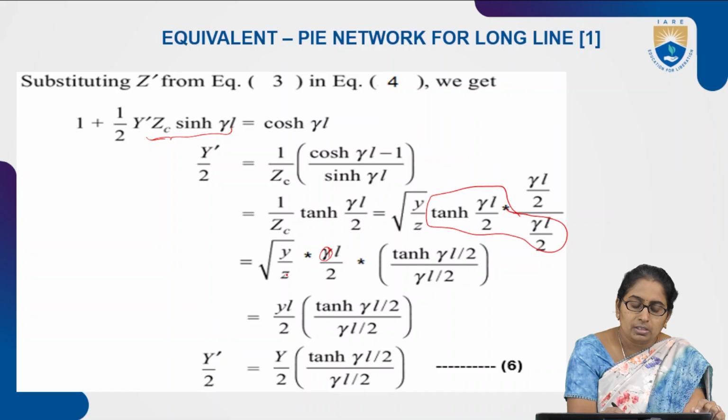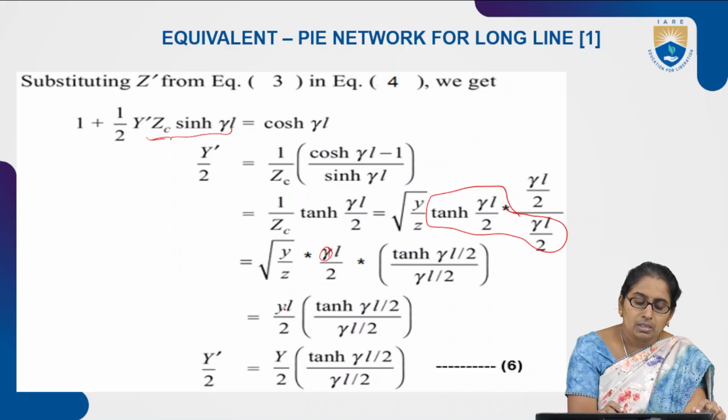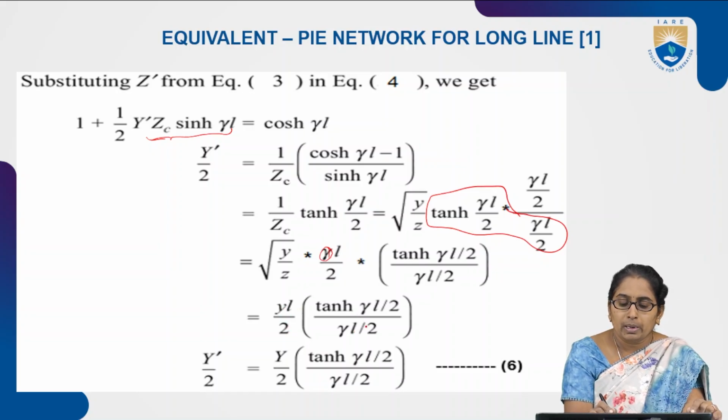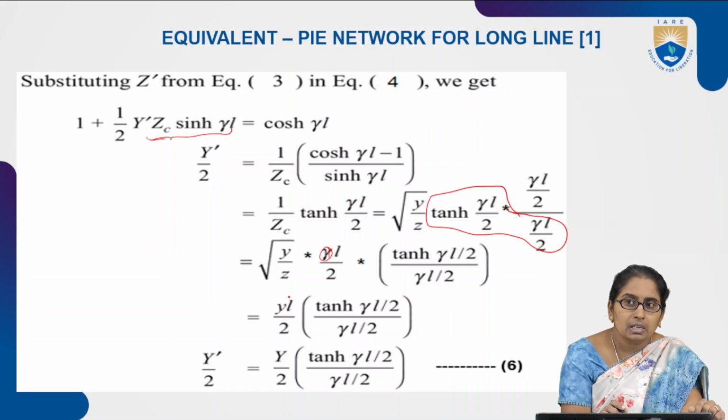So, z in numerator and denominator gets cancelled, and square root small y into square root small y becomes y into L by 2 tanh gamma L by 2 by gamma L by 2. Now we know that small y into L becomes capital Y, the total admittance of the line.